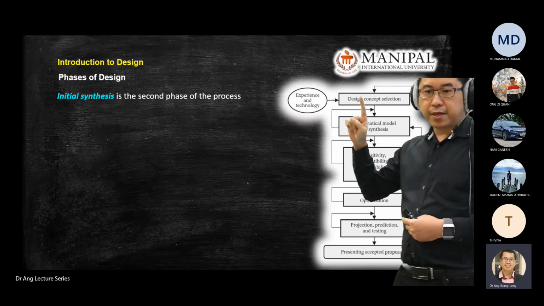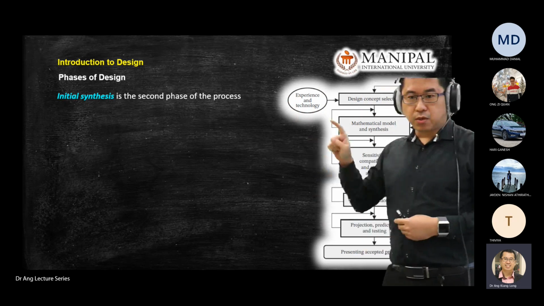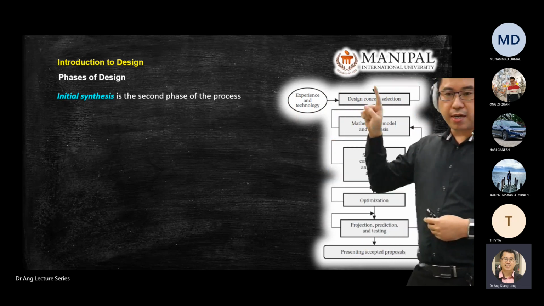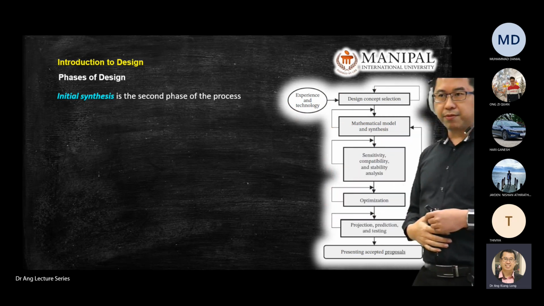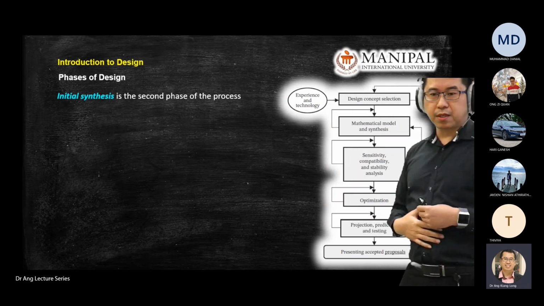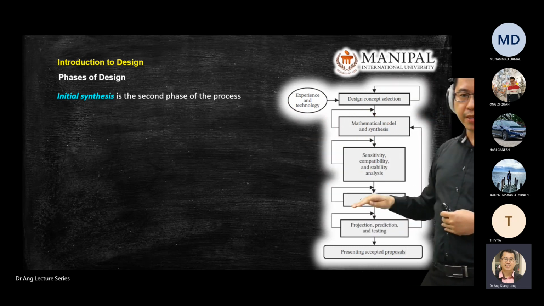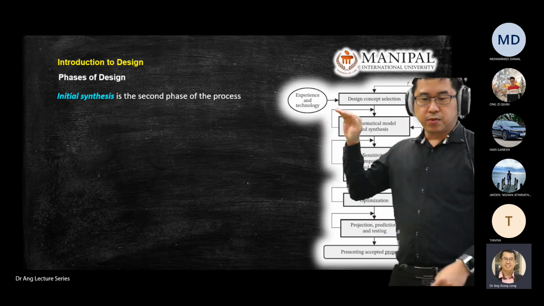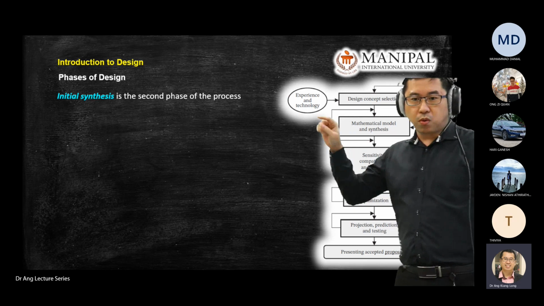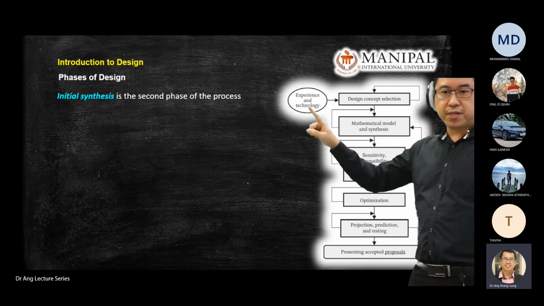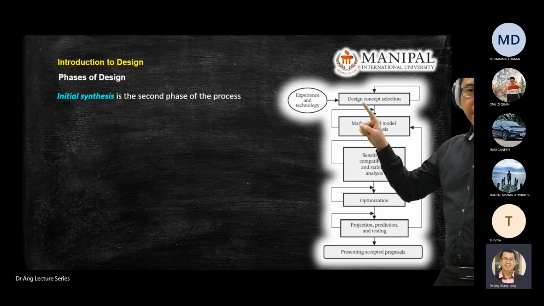Then you start to look at the design concept. After you look at the design concept, you have the 3D model, the drawing, the preliminary design, and then you go deeper and deeper. This is the phase in Capstone Design 2, where you gather what you learned previously and look at your design concept.